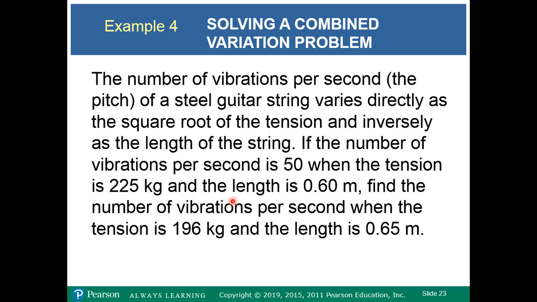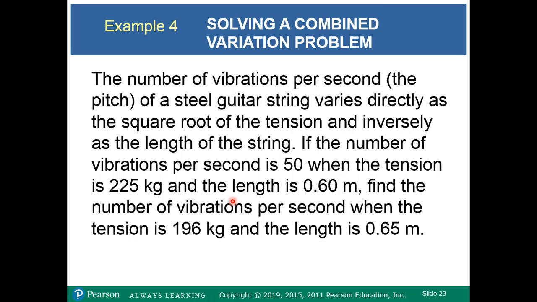In this case, it says the number of vibrations per second, which is the pitch, of a steel guitar string varies directly as the square root of the tension and inversely as the length of the string.